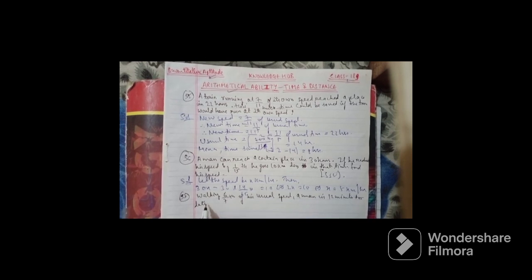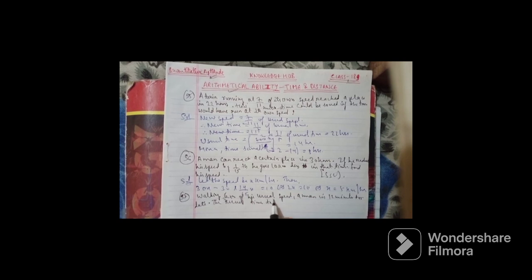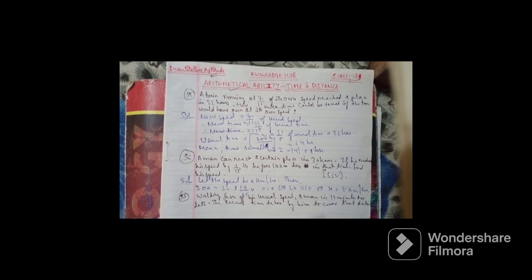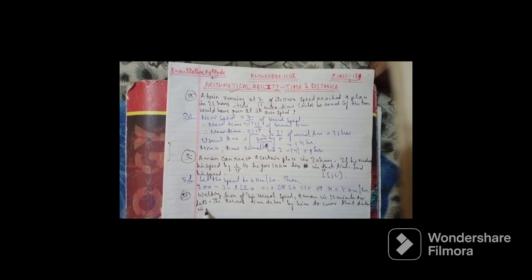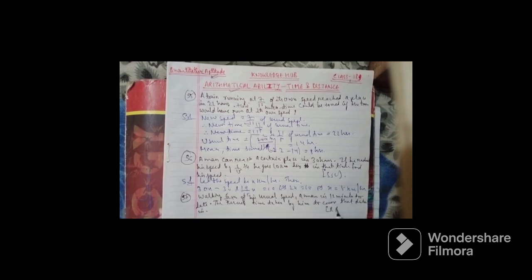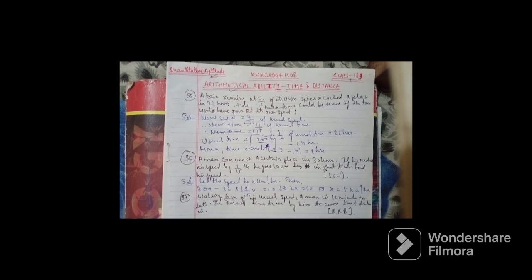The usual time taken by him to cover that distance is... asked in an RRB examination paper. Options were 1 hour, 1 hour 12 minutes, 1 hour 15 minutes, and 1 hour 20 minutes. So we go for the same.